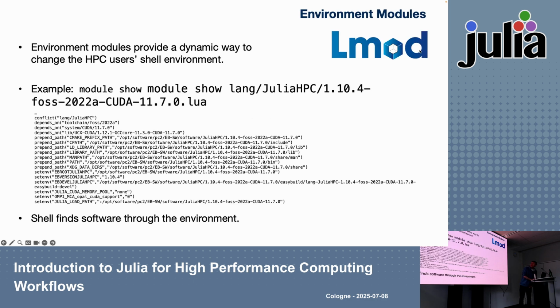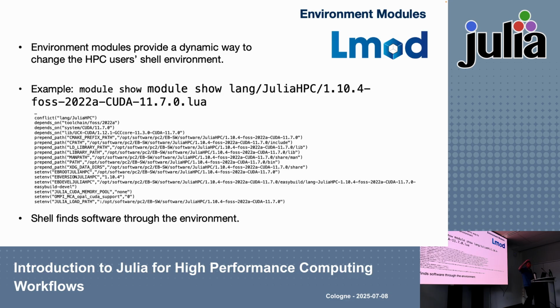So we're using this LMOD system, and this is an example of a module specification. If you type module show and then a specific module version, it will show you what is happening if you load the module, and you see it basically just adds a lot of paths into your shell environment, and then your shell finds the software.